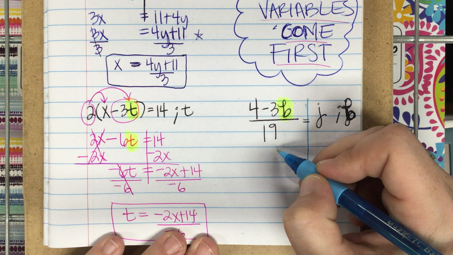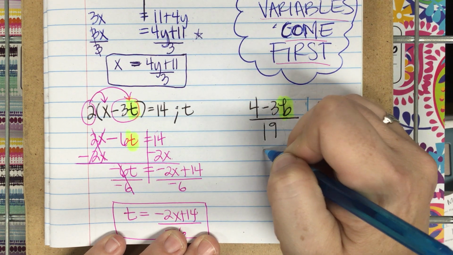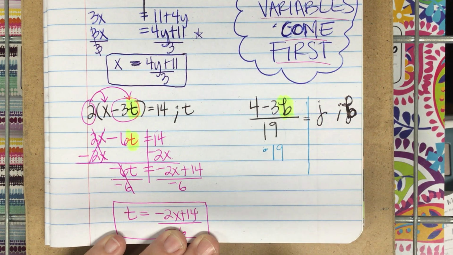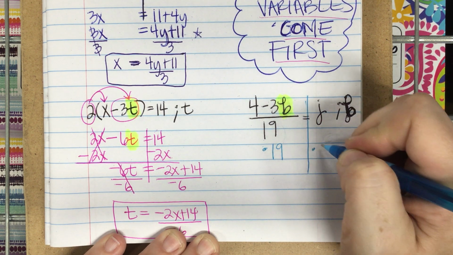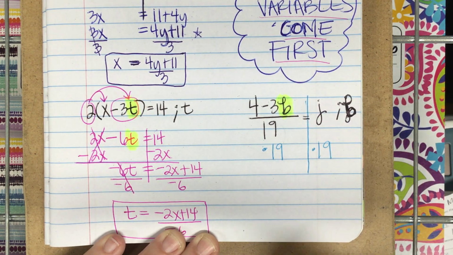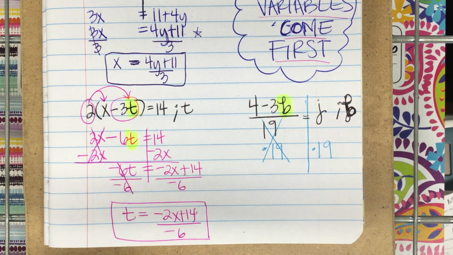Do you agree? Yes. So I'm going to multiply by 19. Which means that my denominator is now gone. Because my denominator was 19, meaning that was a problem divided by 19. So I'm going to do the inverse, which is multiply, and it disappears.